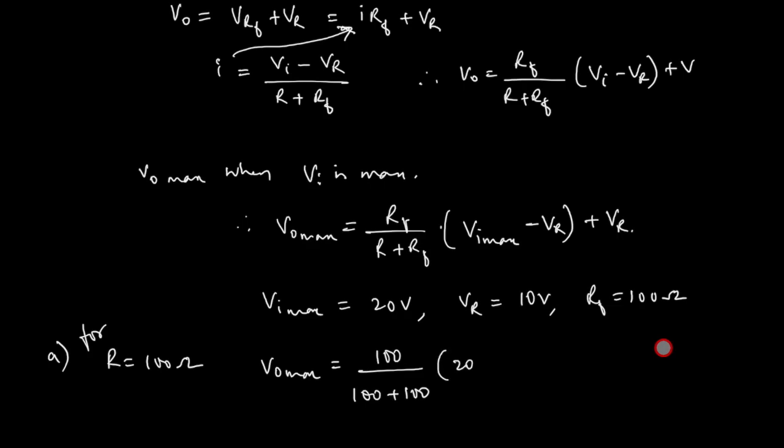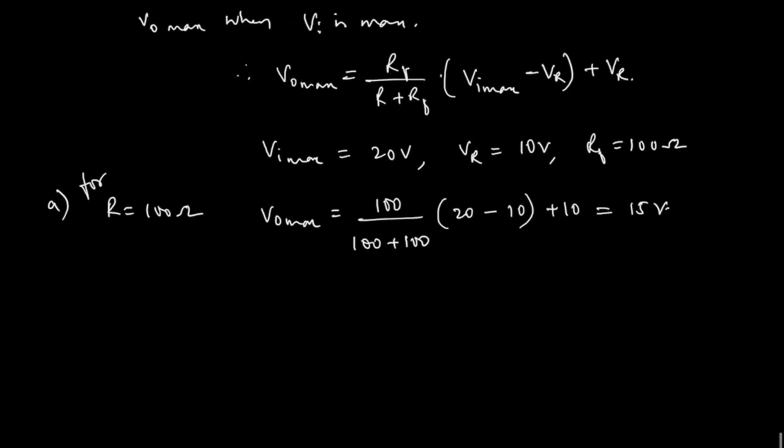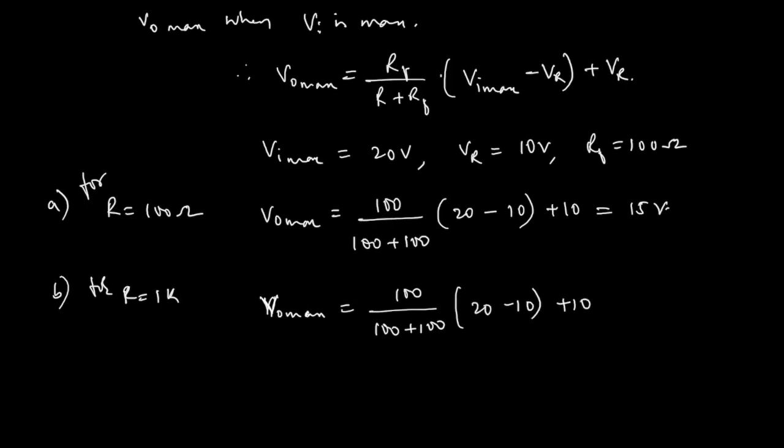So left out term is 20 minus 10 plus 10, which comes out to be 15 volts. Similarly for second case, for R equal to 1k, if you are increasing the input resistance, what will happen, we'll see. V naught max equals 100 divided by 100 plus 100 into 20 minus 10 plus 10.